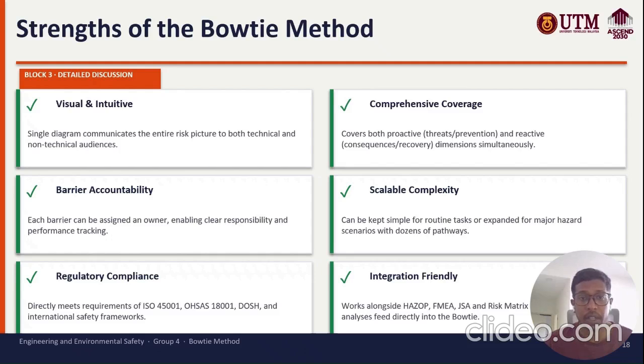When a regulator asks how you manage this hazard, a bow tie is a very strong answer. And lastly, integration. Bow tie doesn't compete with HAZOP or FMEA analysis. It actually uses them as inputs. The outputs from these studies flow directly into the bow tie, making it a unifying tool across the entire safety assessment process.